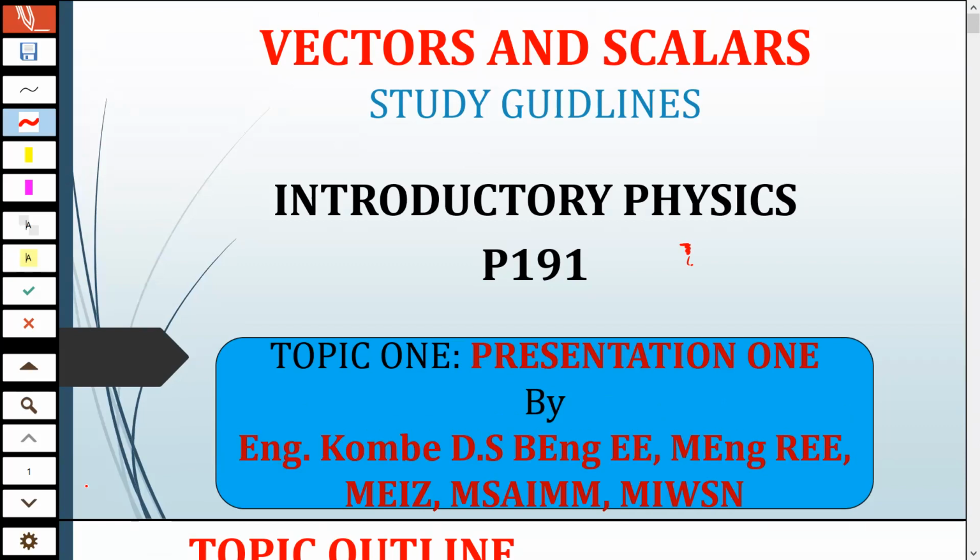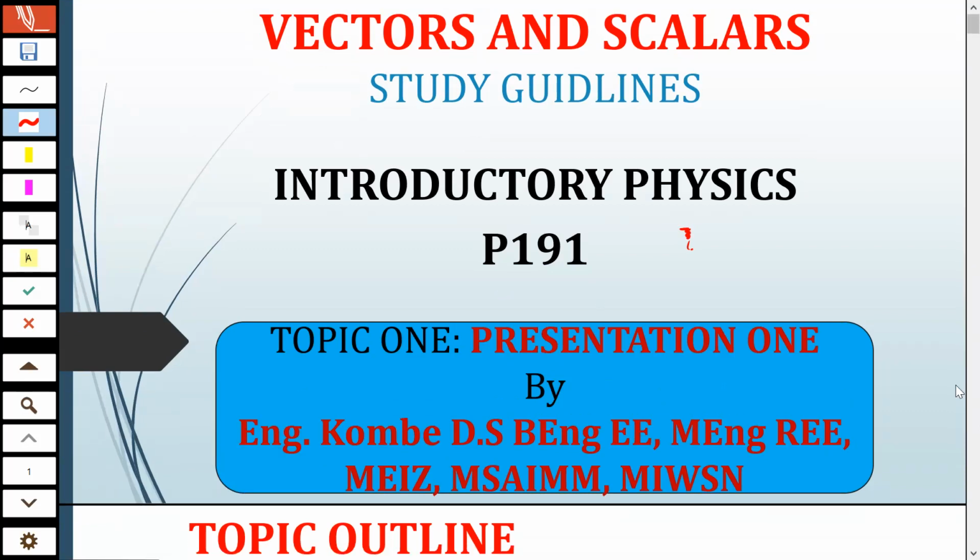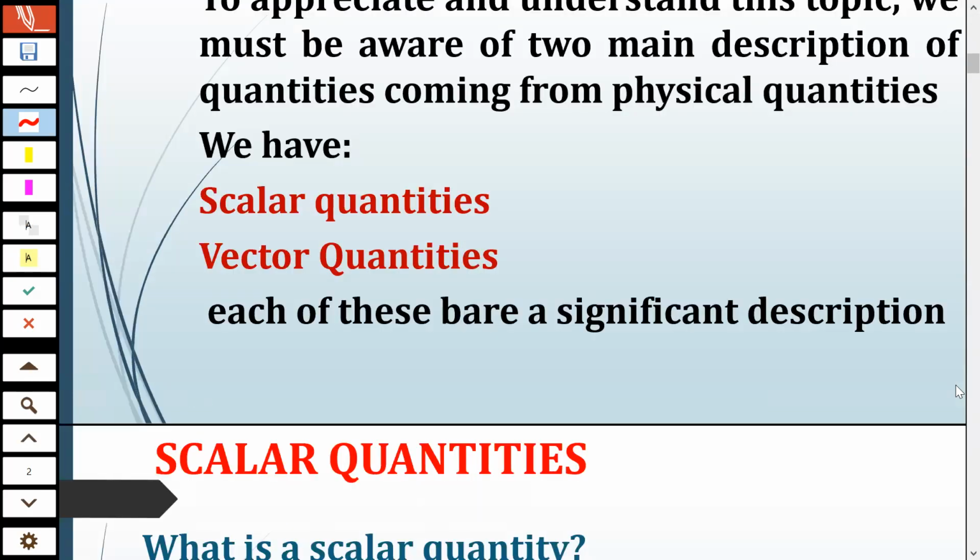I said a scalar quantity is simply a physical quantity that has magnitude but has no direction. I gave an example of temperature. Temperature is one of the known scalar quantities.